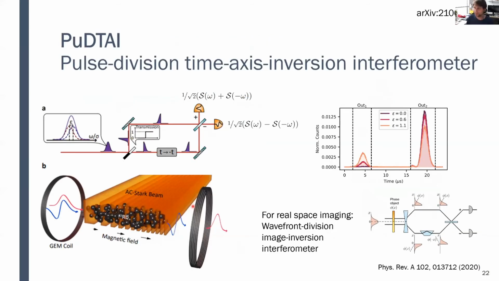However, we can make a device that will filter out the Hermite-Gauss component of the optical field in the spectral domain. So we will make an analog of this device, which inverts the optical field in the spatial domain and interferes it with itself. So what we'll actually do is that we cut the pulse in half.